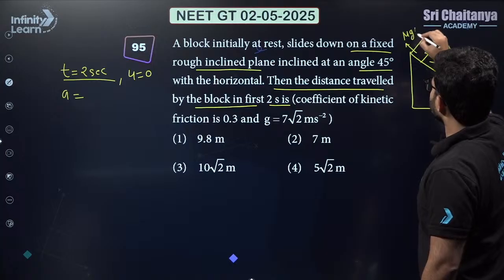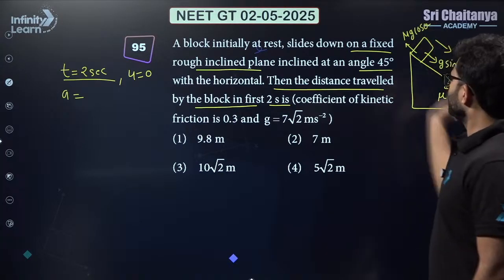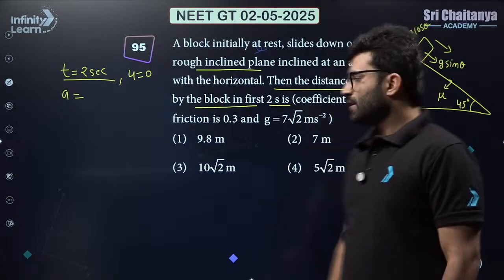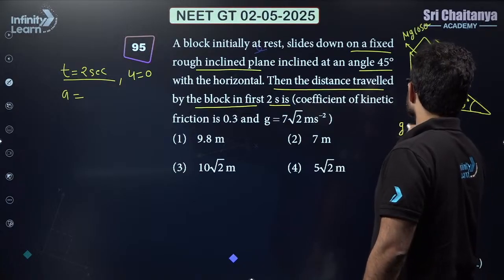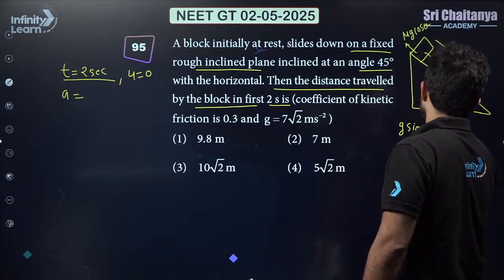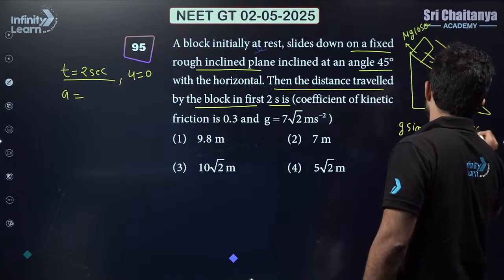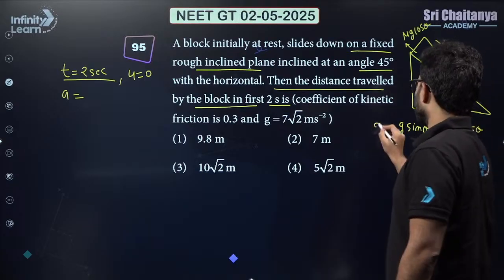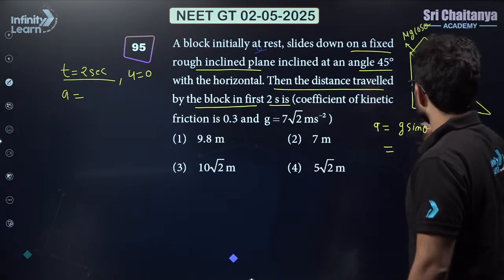This you might know. The friction is acting upward, so the net acceleration would be g sine theta minus mu g cos theta. So that is my net acceleration. Let me calculate this value. You can calculate this value.